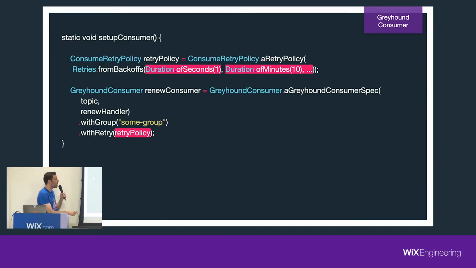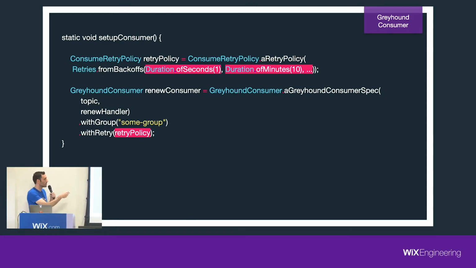And how do we set it up? So basically, we'll introduce a retry policy and set up the intervals between retries. 1 second, then if it still fails after 10 minutes, and you can add more. And if after a long time it still doesn't process, you can put it in a dead letter topic and then review it manually and decide what you want to do with it, reintroduce it or not.